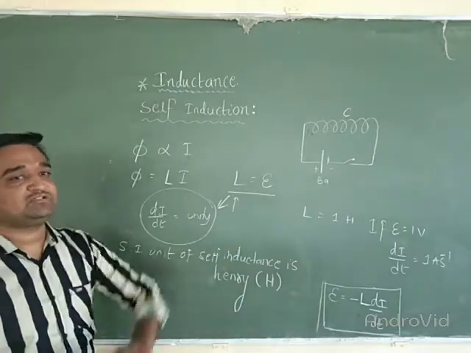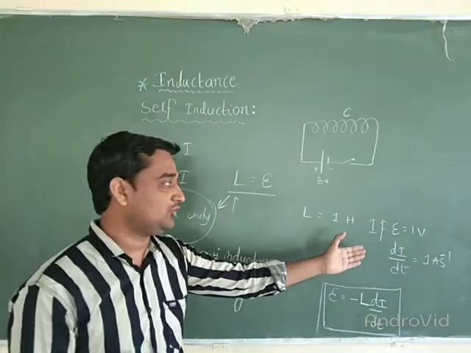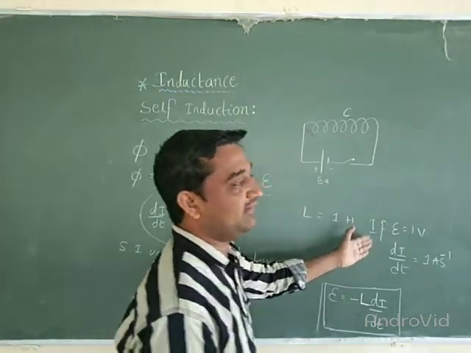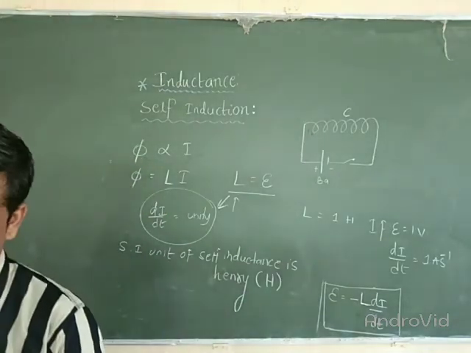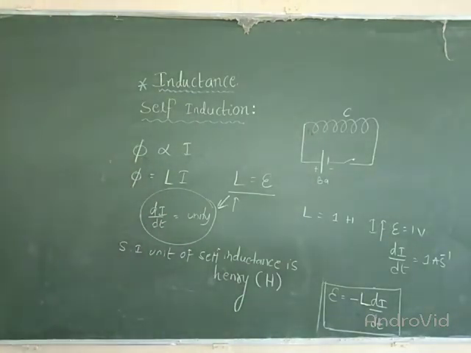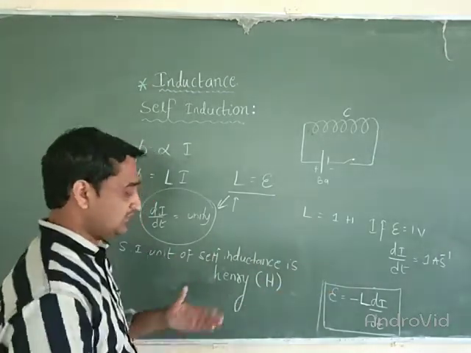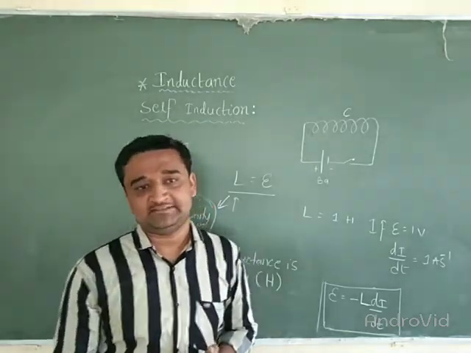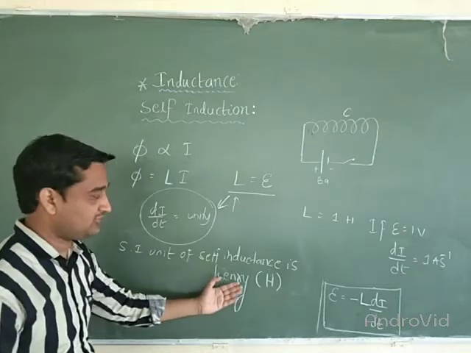The self-inductance of a coil is said to be 1 Henry if 1 volt of EMF is induced in the coil when the rate of change of current through the coil is 1 ampere per second. So, one more question they may ask: what is the SI unit of self-inductance?